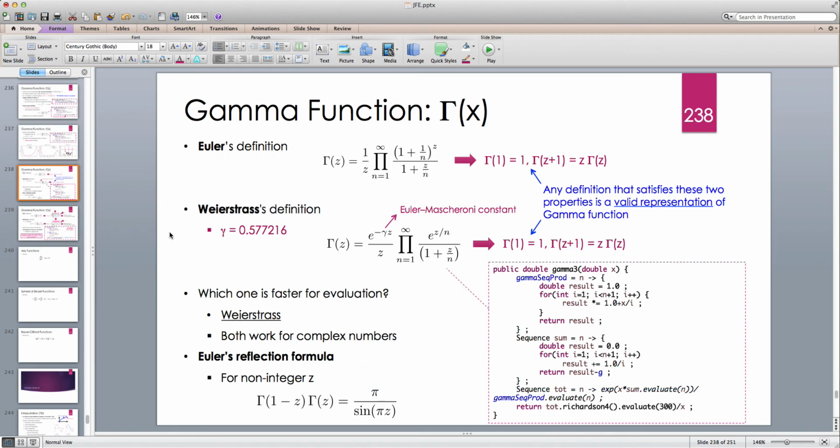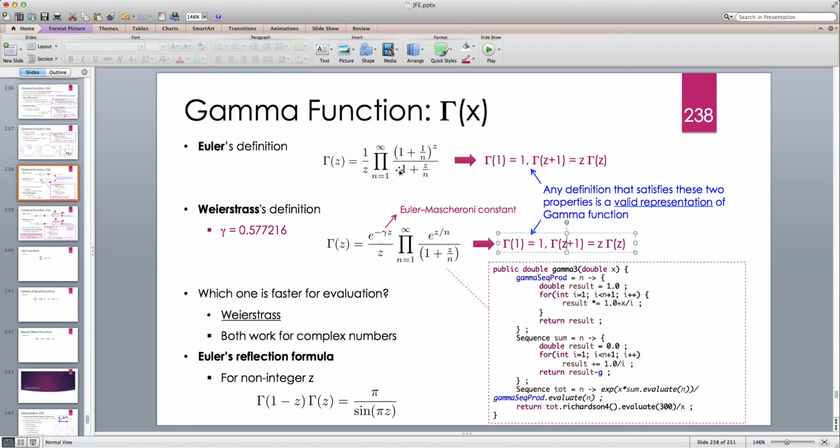Weierstrass definition tells us gamma z is e to the minus gamma z, this little gamma, which is called the Euler constant or Euler-Mascheroni constant, divided by z, and again another product from 1 to infinity, e to the z over n, 1 plus z over n. So this term 1 plus z over n is similar, 1 over z is similar, but now we have these exponentials, all right?